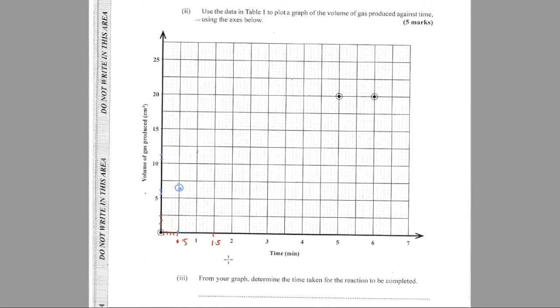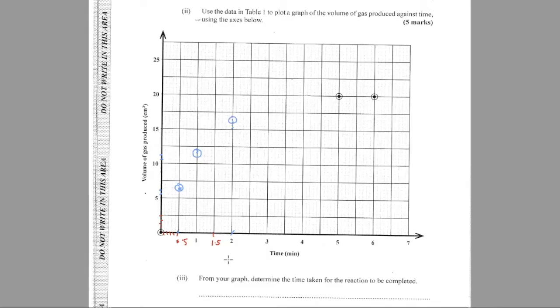So we plot at 2 minutes, 16 and a half. Minute 2, so we find 2 on the x-axis, and we go all the way up. This is 15, 15.5, 16, 16.5, and I'm just marking it here so we can trace it. You would trace it with a pencil and you rub it off in the exam.